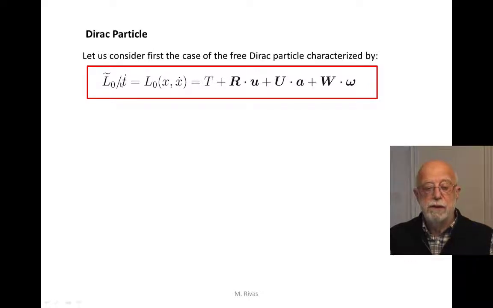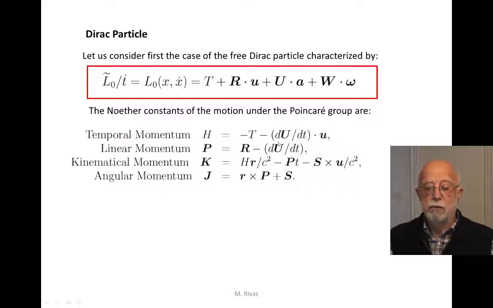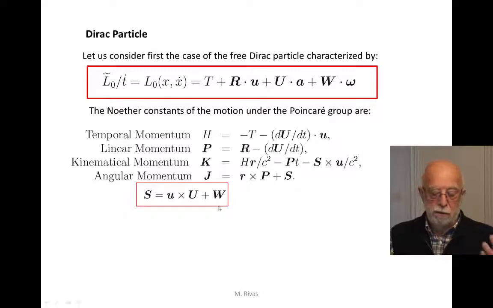Once we divide the capital tilde L0 over T dot, it takes this form, and therefore the ten constants of the motion, which can be built with this Lagrangian, where the only requirement is that the absolute value of u is c, are these 10 constants of the motion, where the spin s, the angular momentum with respect to the point r, takes this form. We have seen that in the previous lecture.